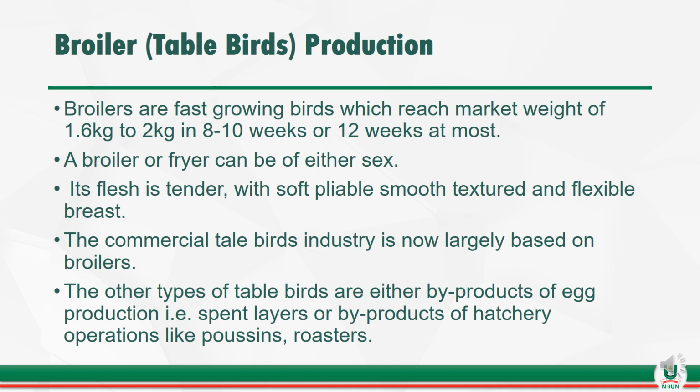I know you must have eaten broilers a number of times. Some of you may actually be into poultry production, so you know what I'm talking about. The other types of table birds are either byproducts of egg production, such as spent layers, or byproducts of hatchery operations like cockerels or roosters.